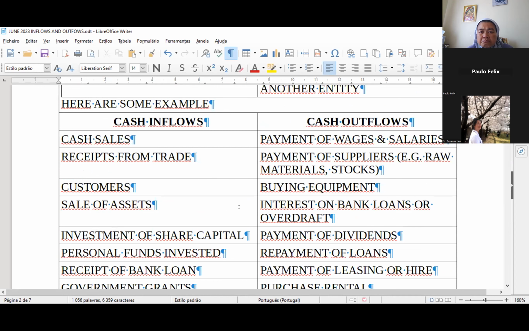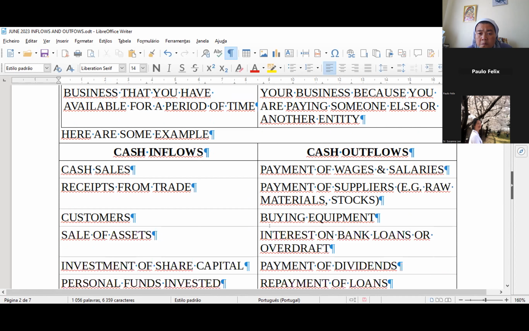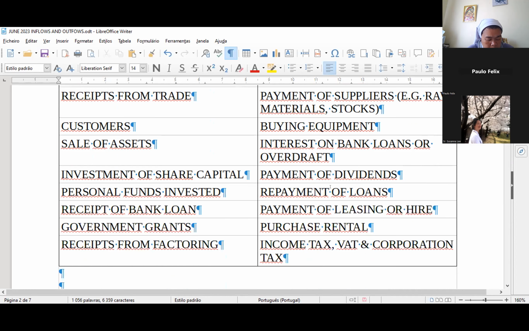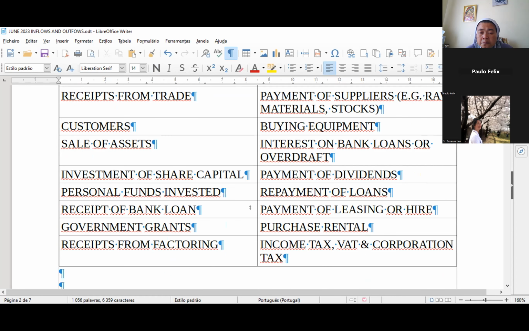And cash outflow examples: payment of wages and salaries, payment of suppliers, raw material stocks, buying equipment, interest on bank loans or overdraft, payment of dividends, repayment of loans, payment of leasing or hire purchase rental, income tax, VAT, and corporation taxes.